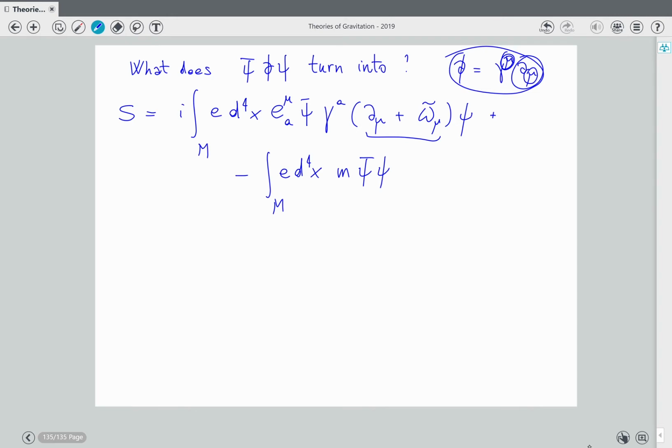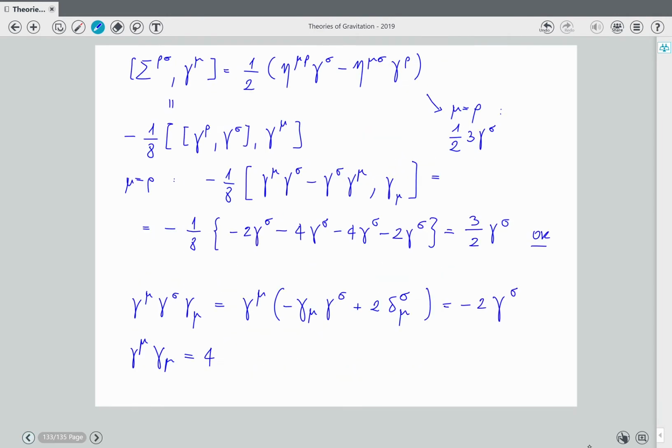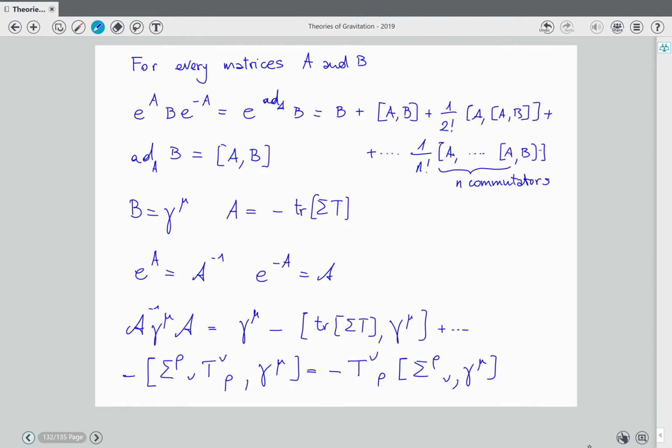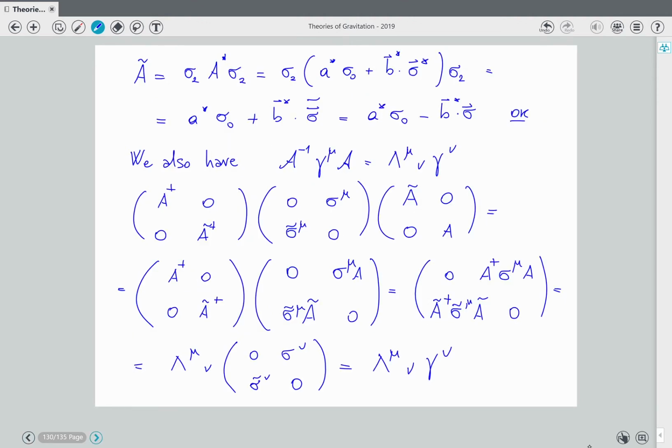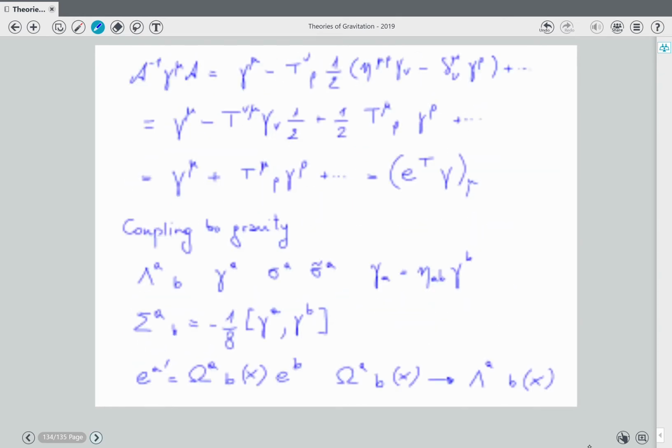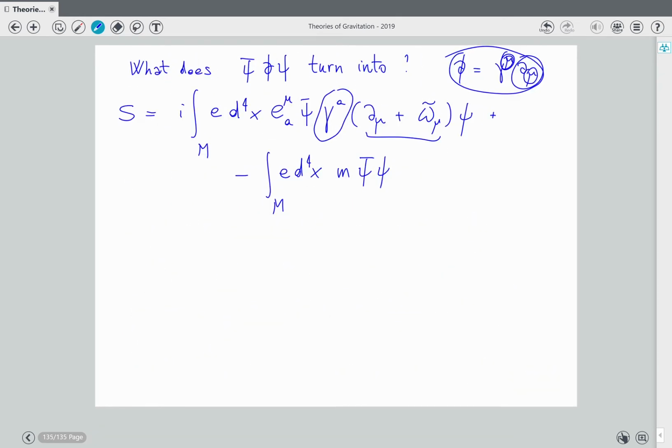To build a gamma mu that depends on the point, we use the gamma A with flat space indices, the usual numerical gamma matrices built last time with the Pauli matrices sigma mu and sigma mu tilde. And we have an object to turn a space-time index mu into a flat space index A, that is the vielbein, the inverse. That's what we do.